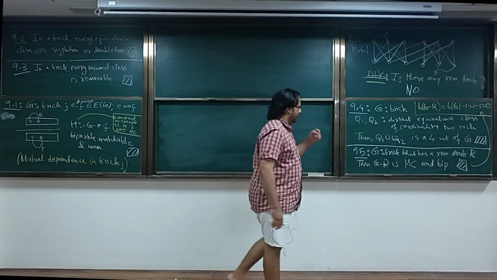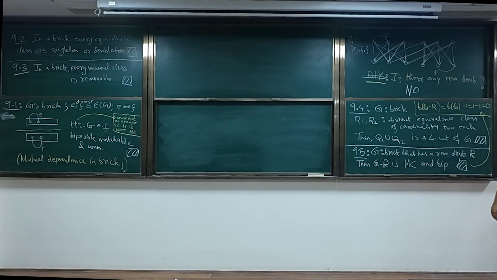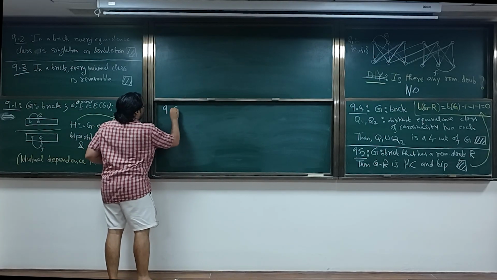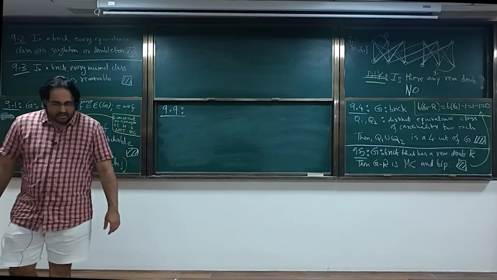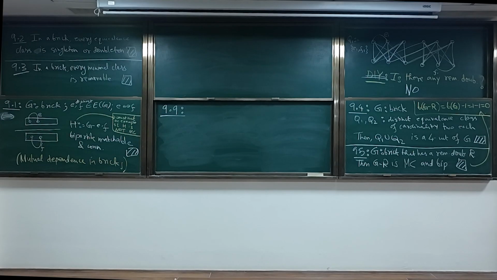So let me just tell you the more general statement of 9.5. In general, what happens when you delete a removable doubleton, right? So there are only two types of removable classes in life, singletons and doubletons. 9.9 deals with doubletons.